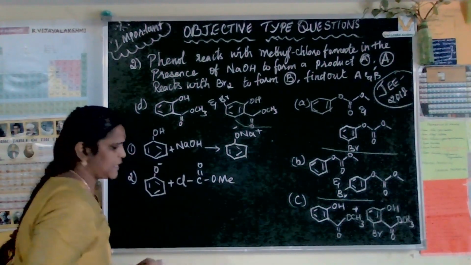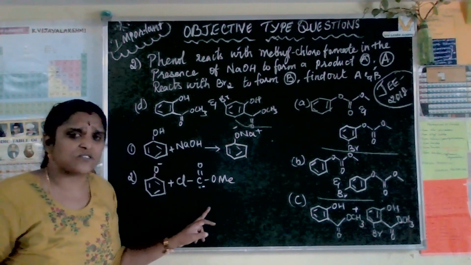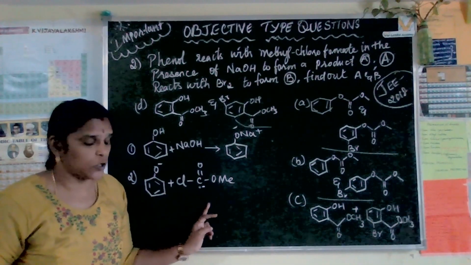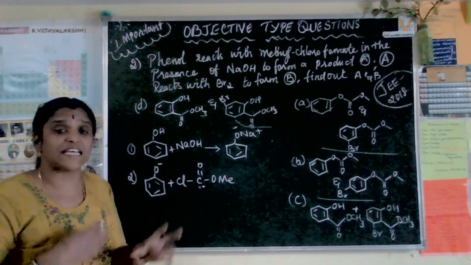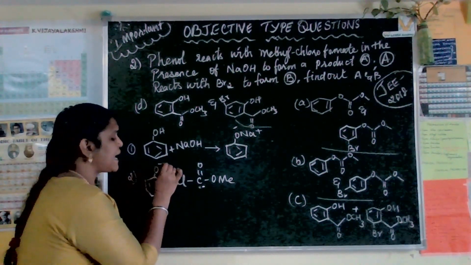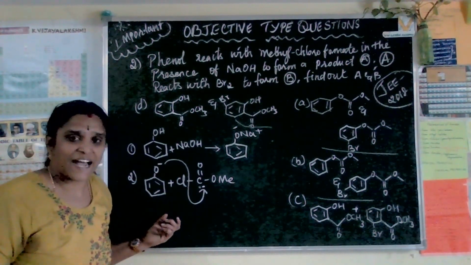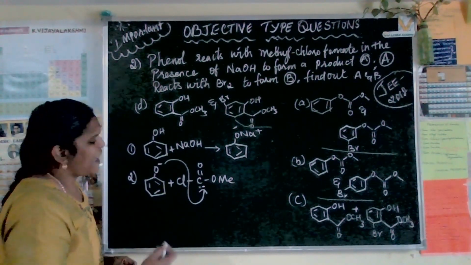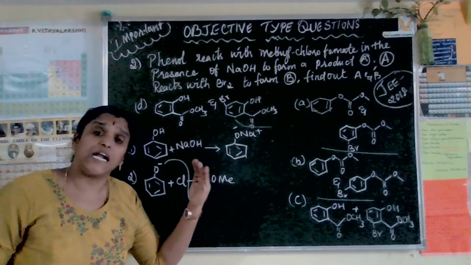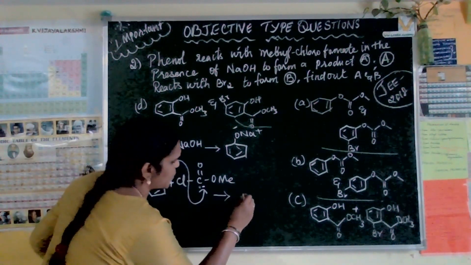This is actually a carbonyl group, which is electron deficient. The negative charge is electron rich, so this carbonyl group is attacked by the sodium phenoxide ion. Naturally the chloro group is a good leaving group, so it has gone away. So what is the product here?